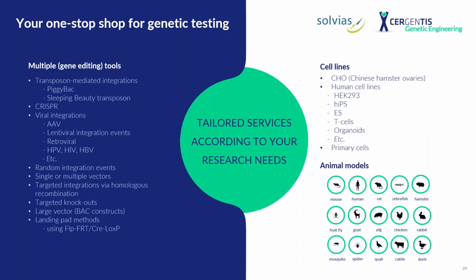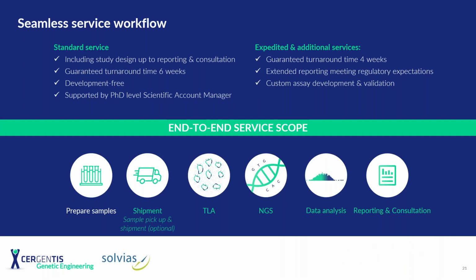Also, something completely different from what we discussed today, we also work with animal models as well. And at Cergentis, we offer an end-to-end service. So basically, we only request that you prepare the samples, and we will take care of the rest, including shipment of the samples, primer design, lab work, NGS, data analysis, as well as report preparation, which is shared by one of our experts.